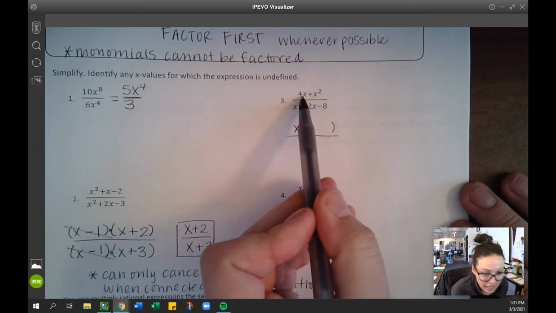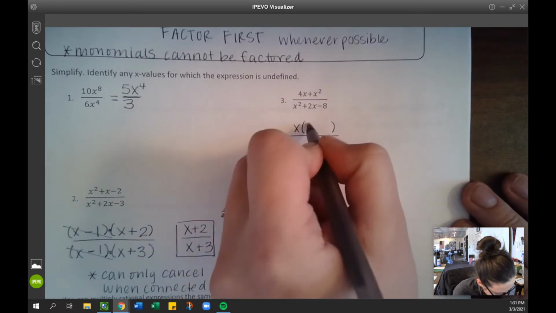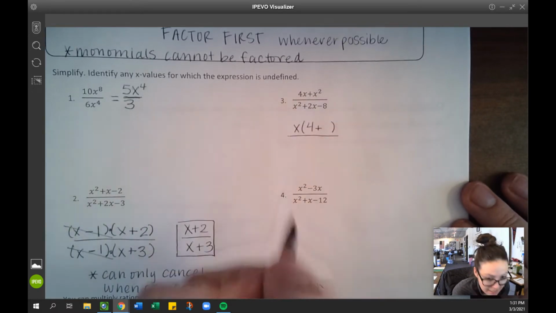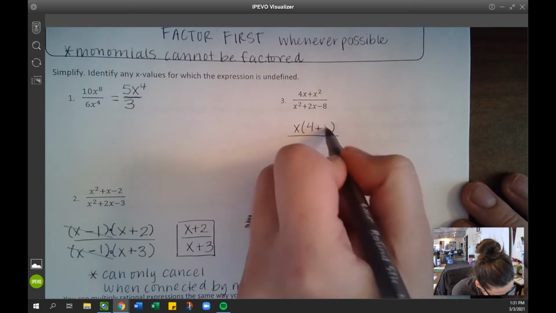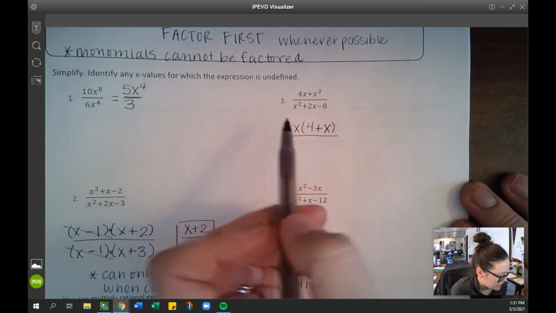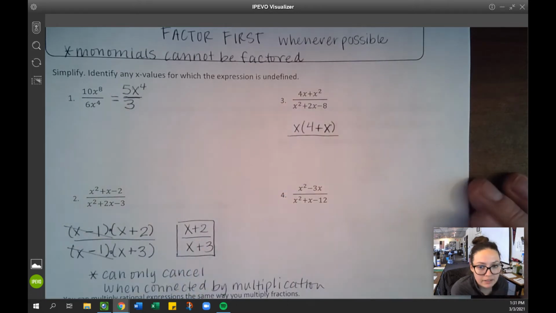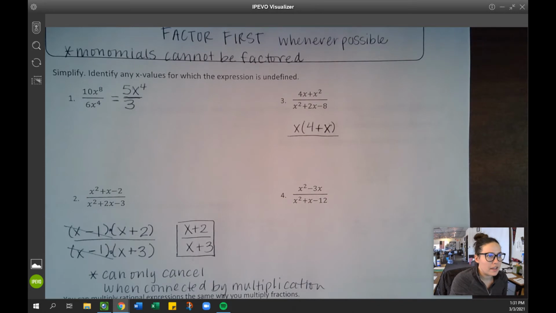If I take x out of both of these terms, if I take x out of this, I'm just left with 4. If I take an x away from x squared, I would be left with x. And remember, the way you can check it is to see if I went back through and distributed that x, would I be left with what I started with? And the answer here in this case is yes.